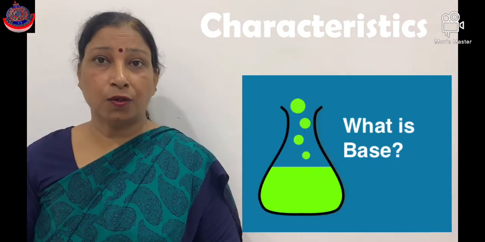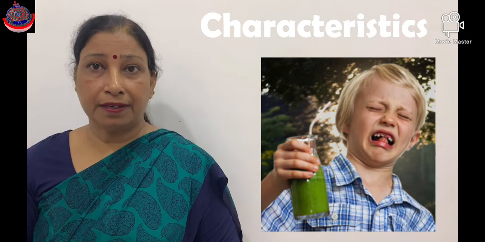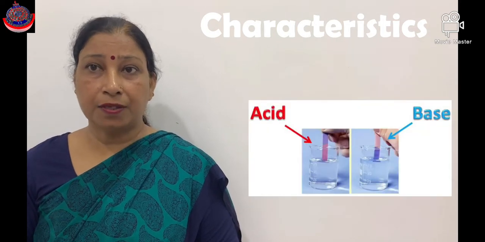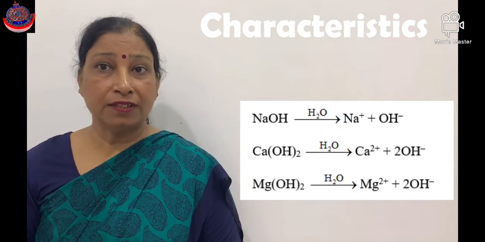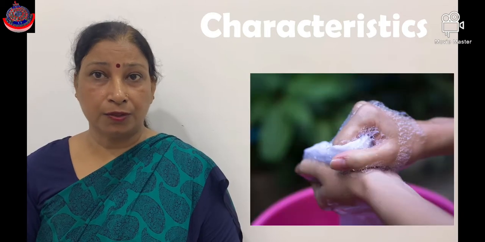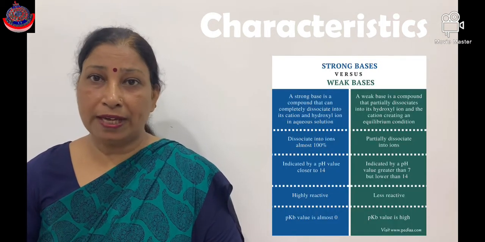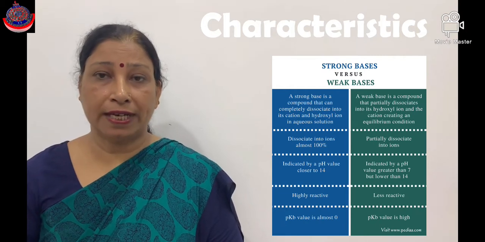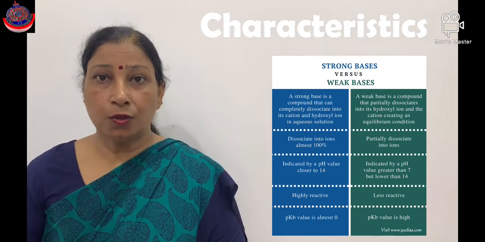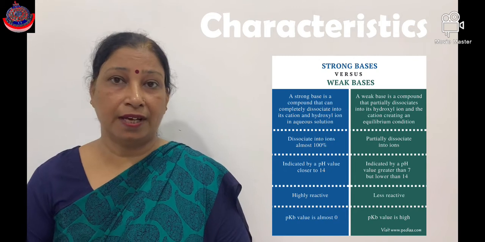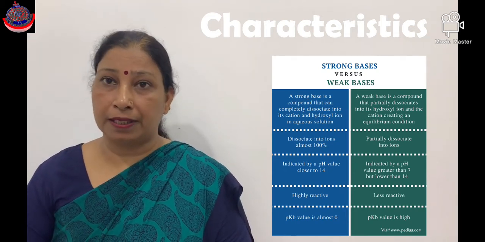Now, characteristics of base. Bases are bitter in taste. They turn red litmus to blue. They give OH negative ion in aqueous solution. They are soapy in touch. Bases also can be classified into two categories. Strong bases. Strong bases are those bases which can dissociate in water properly.